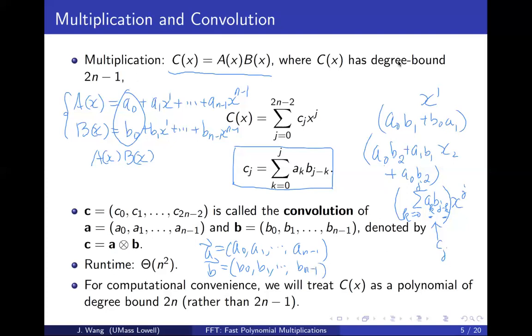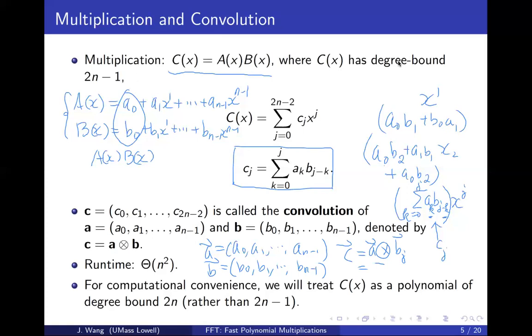Then the convolution of vector A and vector B is denoted by a vector C, with this notation, which is equal to the summation, which is a vector.